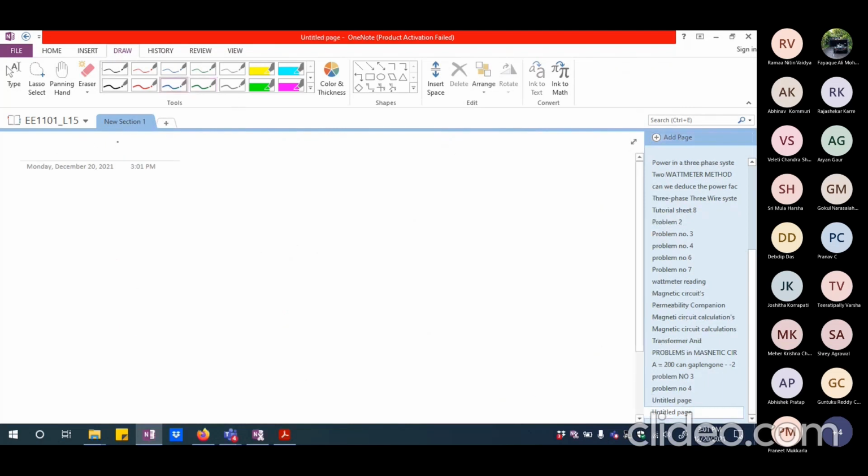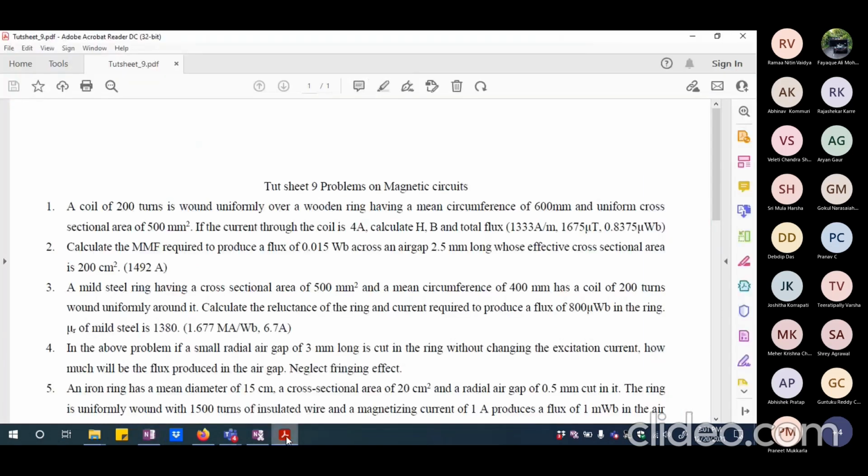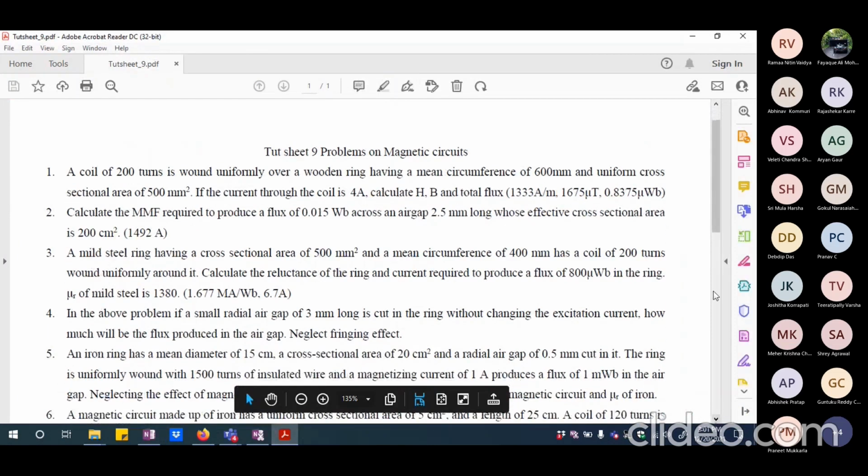Okay. So let us look at problem number 5. The statement goes as follows. An iron ring has a mean diameter of 15 centimeter and a cross-sectional area of 20 centimeter square, and a radial air gap of 0.5 millimeter is cut in it.